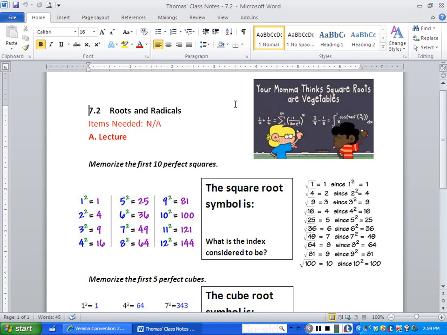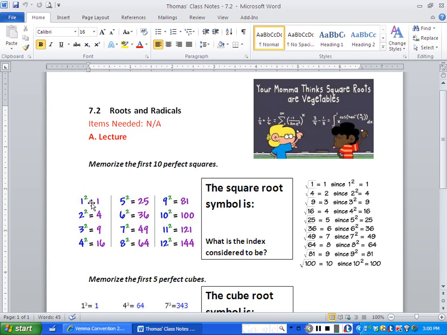The perfect squares are here in purple: 1, for example, 4, 9, 16, 25, 36, 49, 64, 81, 100, 121, 144. The reason they are perfect squares is because you can take a number and square it and get that number.